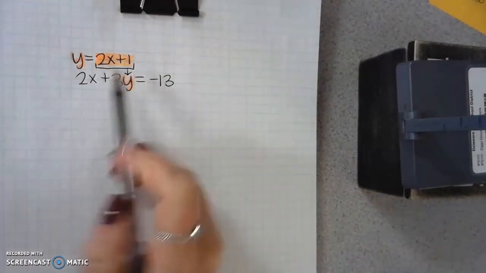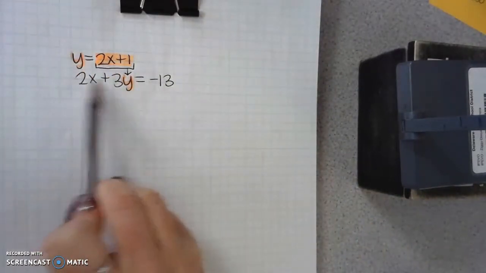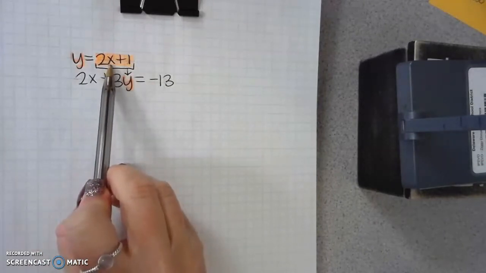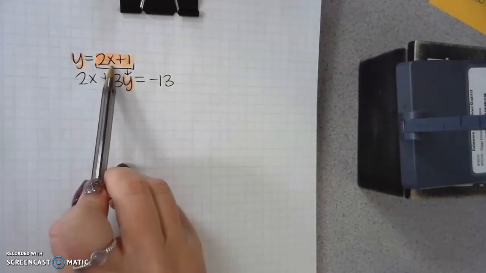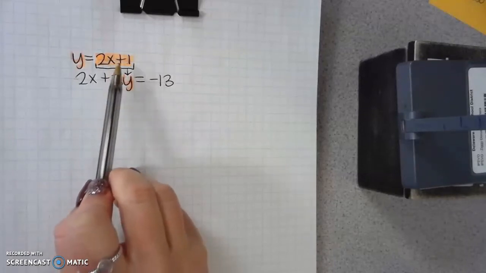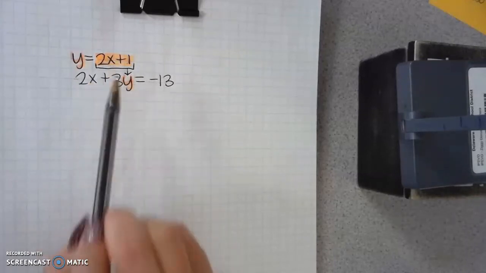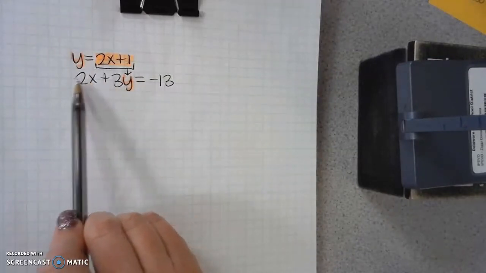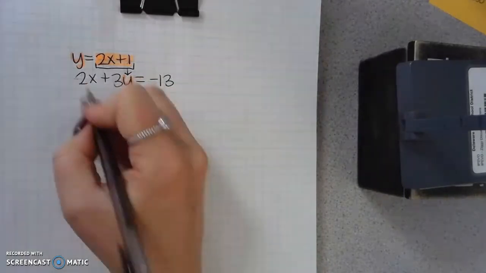Okay, so that means wherever I see a y in this other equation, I'm going to replace it with 2x plus 1. Because like the other video said, you cannot solve for a variable if there are two variables. You have to only have one. So we're getting rid of the y and making it all x's. So I'm going to rewrite this.